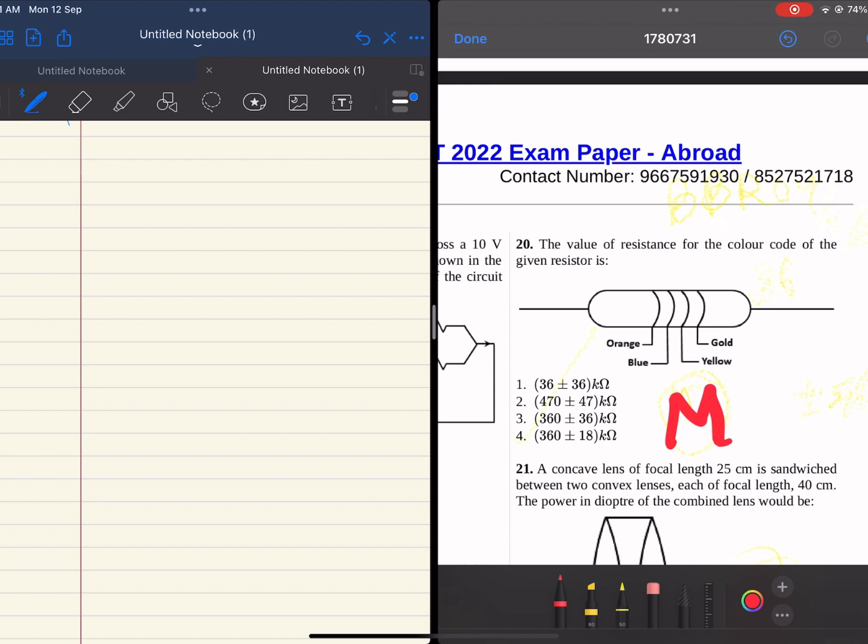If I see the orange and blue, according to the mnemonic B.B. Roy, we know for black it is 0, which is the significant figure.